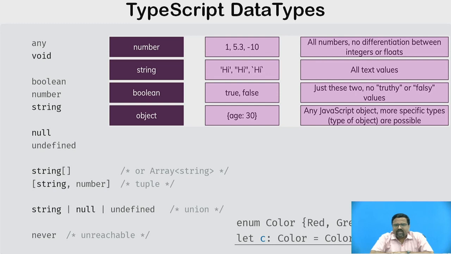Any key value pair that you declare inside curly brackets, you are basically declaring an object literal. Here you have this example of an object literal, where the object contains only one field, that is age, and its value is 30. If you enclose this key value pair in opening and closing curly brackets, then it becomes an object literal, and this object literal you can assign to any object.